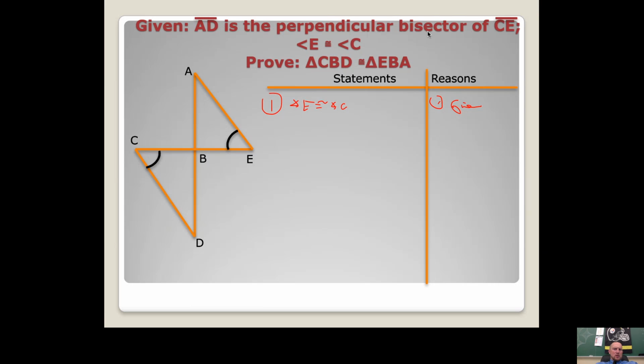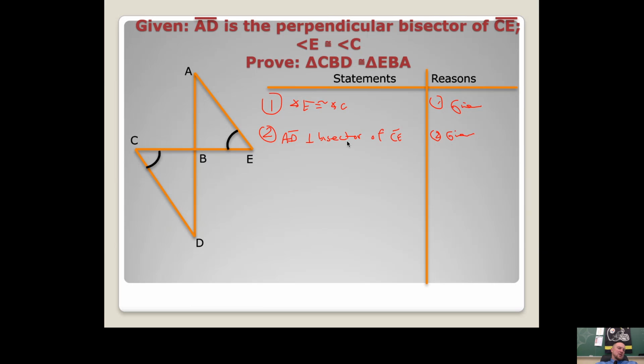Now, the other thing they tell you, it's a longer statement. Segment AD is a perpendicular bisector of segment CE. I'm separating those two statements because they're really different from each other.